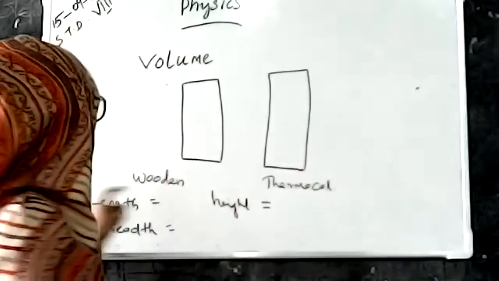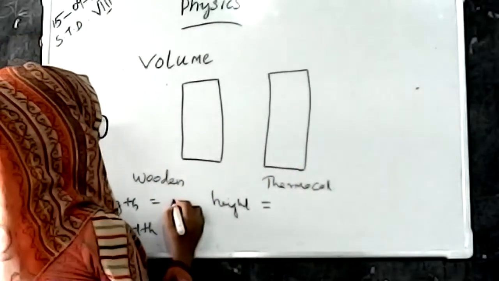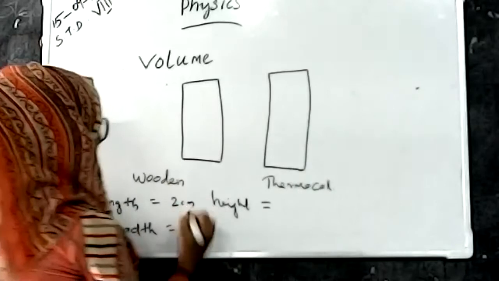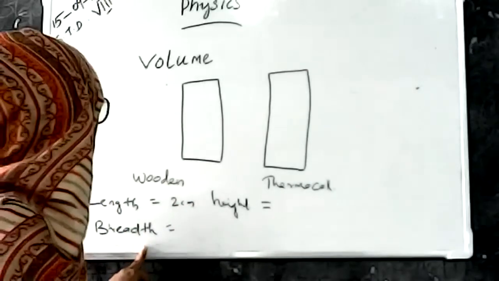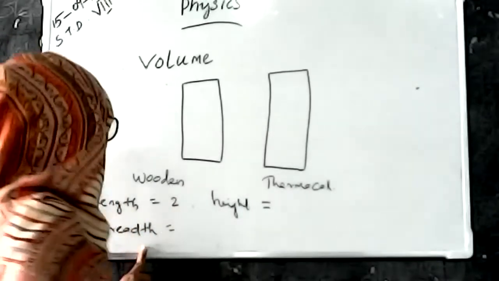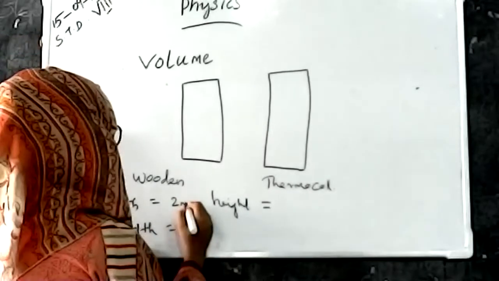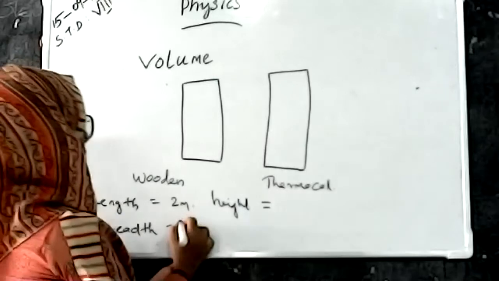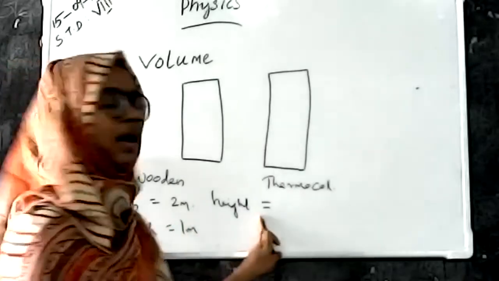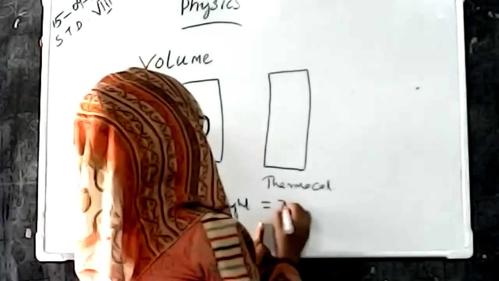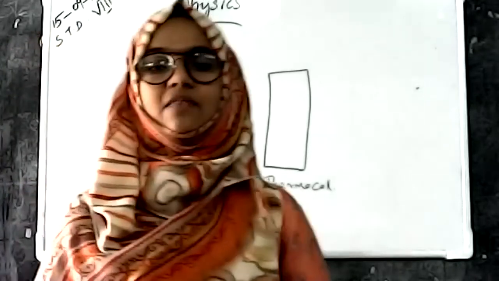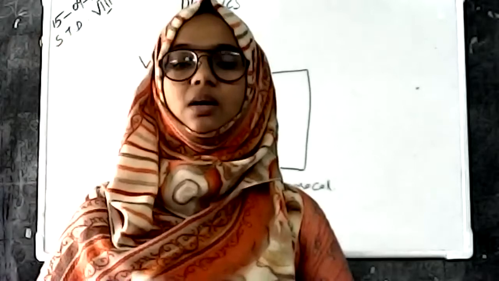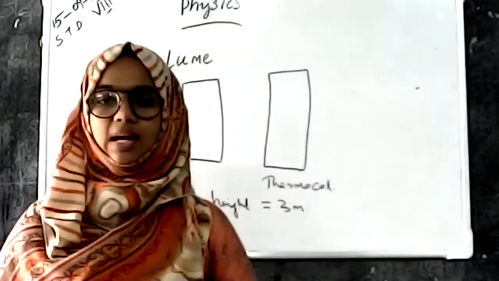We take the length as 2 meters, the breadth as 1 meter and the height as 3 meters. The two blocks have the same height, same breadth and same length.